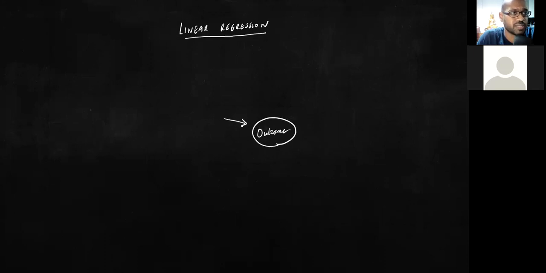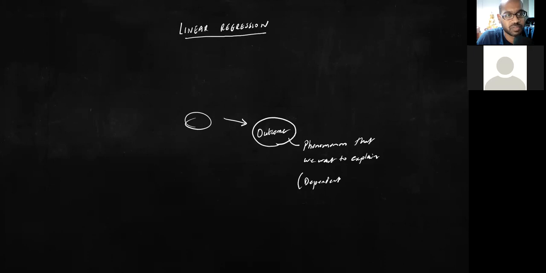The theory in its simplest form can comprise only two variables. The outcome, the phenomenon of interest, that's the phenomenon that we want to explain. And how do we refer to this one? We refer to it as the dependent variable, when we're going to measure this phenomenon, this concept.